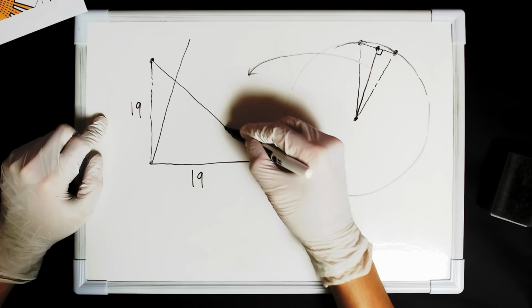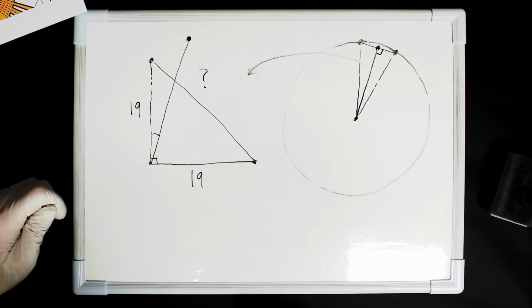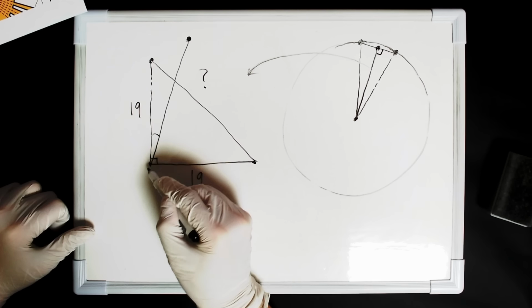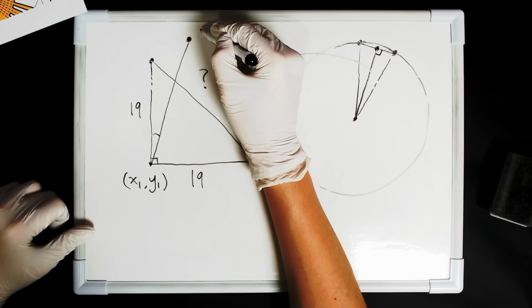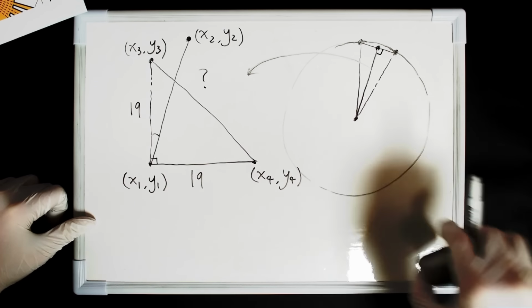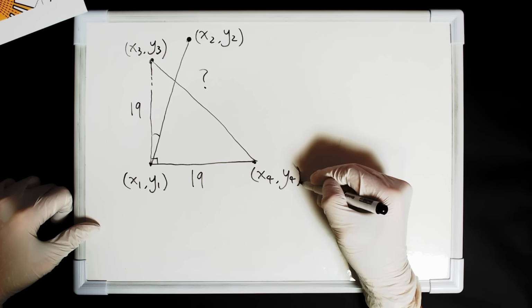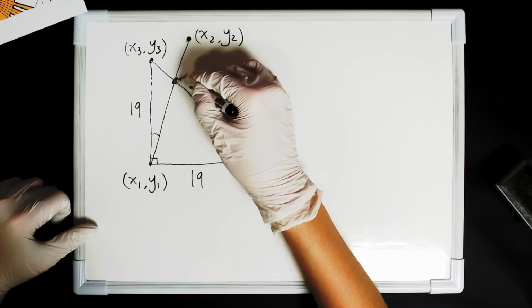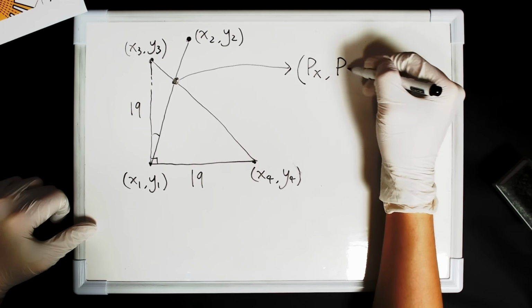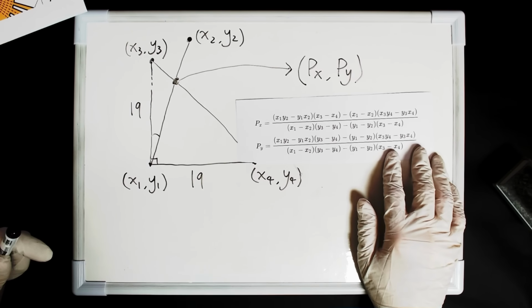How can we calculate that intersection? There is a formula. So right now we know the 2 points on this one line and the 2 points on this other line. Let's say the coordinates of those 4 points are x1, y1 to x4, y4. We want to know the coordinates of this point, let's say px, py. This is the formula.